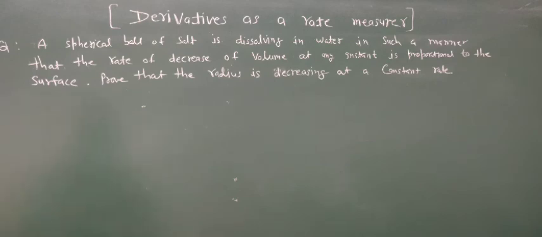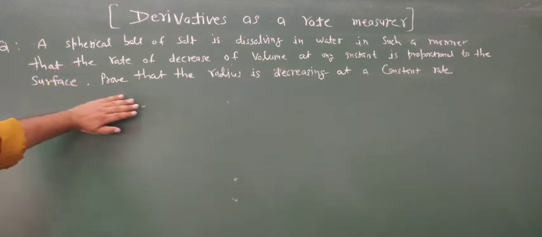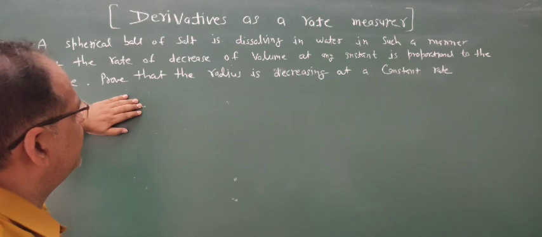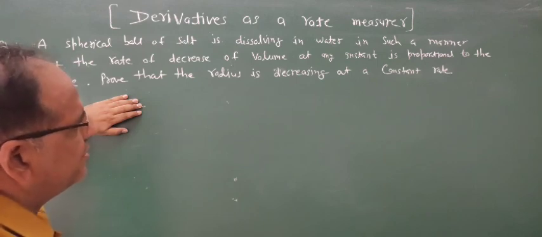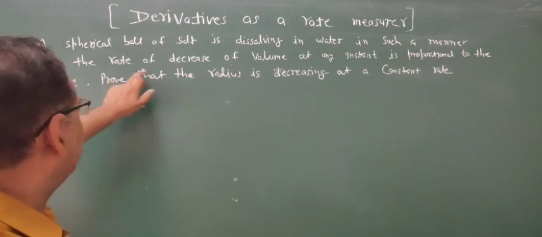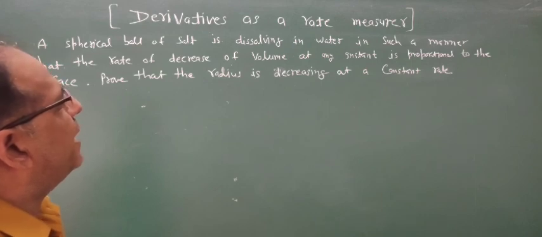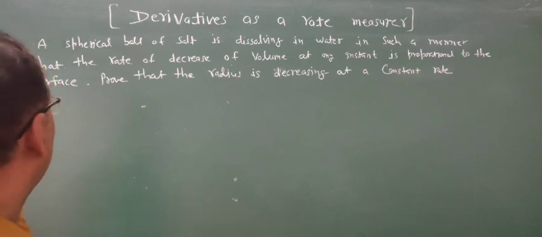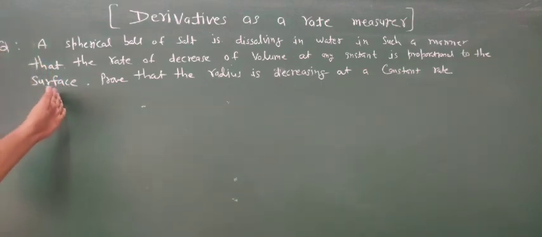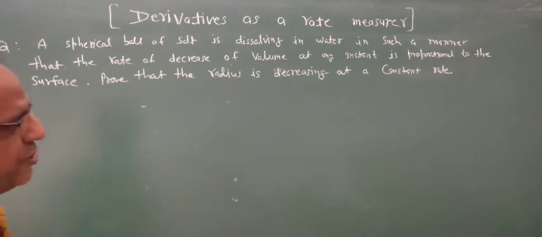Now I am taking one more question. A spherical ball of salt is dissolving in water in such a manner that the rate of decrease of volume at any instant is proportional to the surface area. Prove that the radius is decreasing at a constant rate.